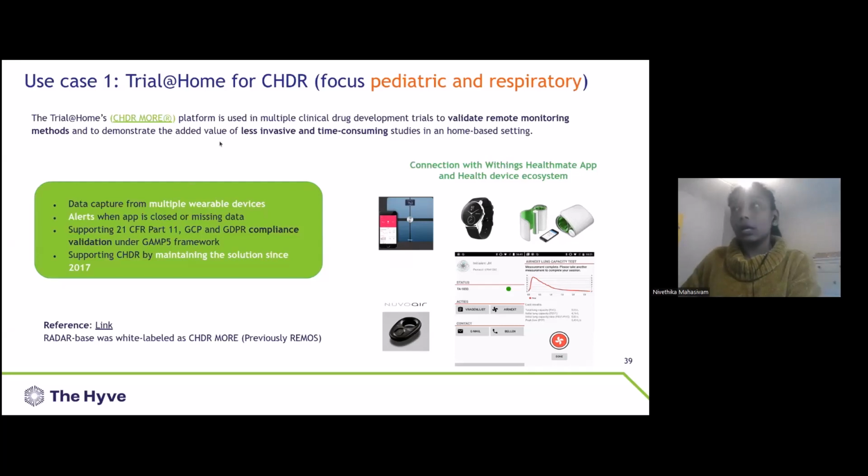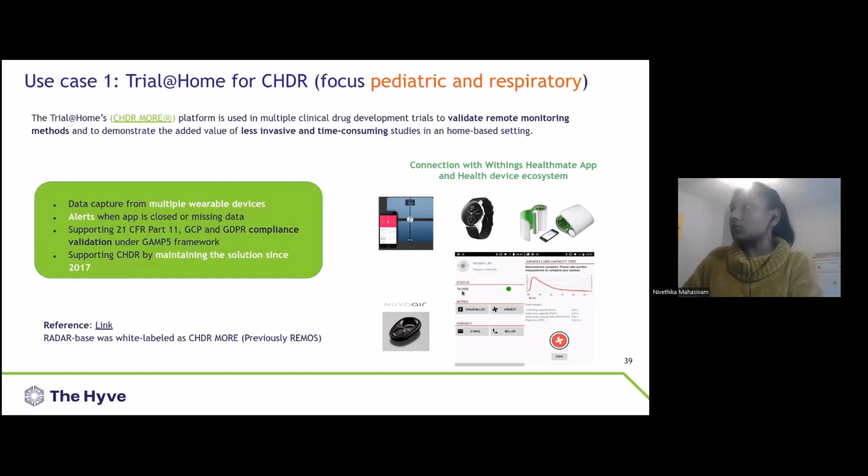And their aim is also to figure out if you can actually do early stage clinical drug development trials using validated remote monitoring methods. So for this, what we have done is adapt the platform with additional capabilities. We have integrated with device ecosystems, and also customized the PRMT application we have.